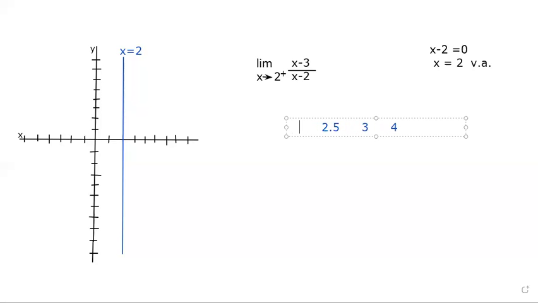And let's get even closer: let's plug in a 2.1. If you look, you can see what's going on. We're getting closer and closer to x equals 2. So we start at 4, then go to 3, then 2.5, and then 2.1.